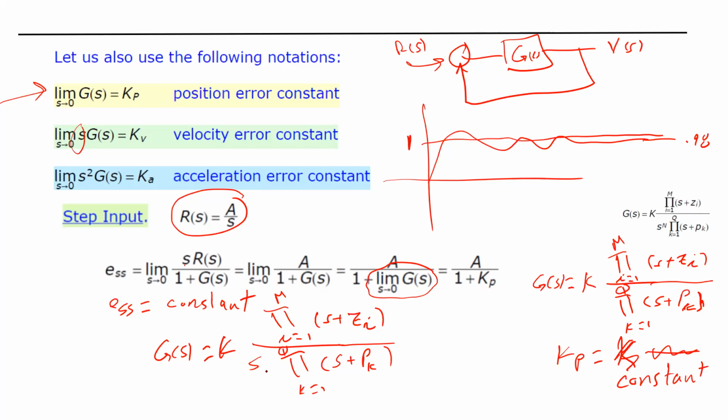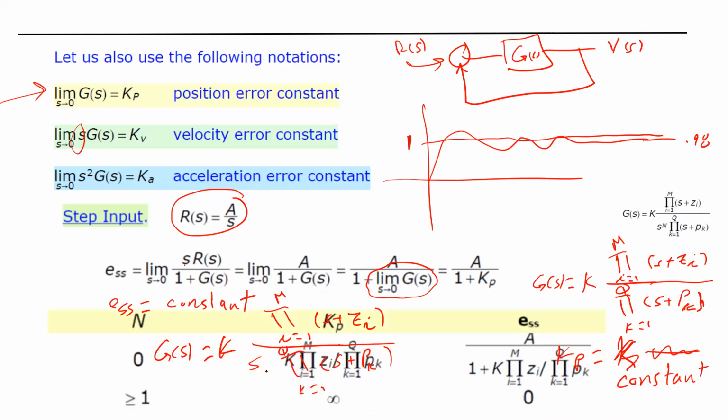Okay. Tell me, if it is S squared, type 2, what will be the error? It will be zero, and faster to go to zero. Kp is going to be infinity again, and the steady state error will be zero.